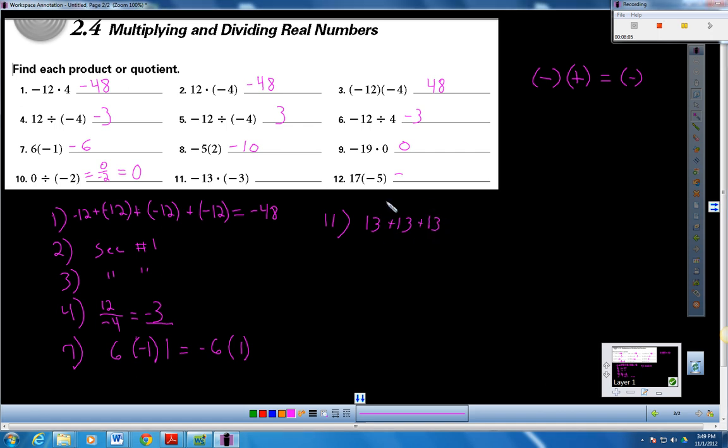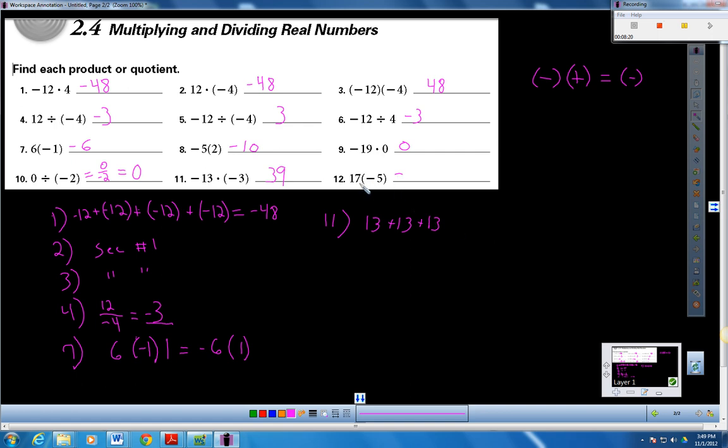A lot of us feel more comfortable with adding: 13, 26, 33. I didn't need a calculator for that. Actually, 39, Mr. Claxton. Come on now. Just to make sure that you were paying attention. 13, 26, 39. I'm adding 13 every time.